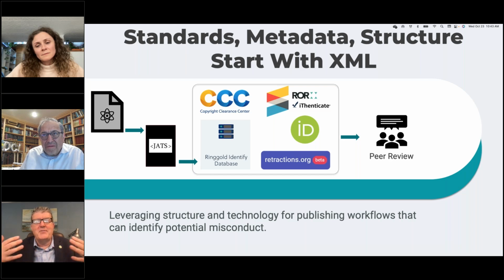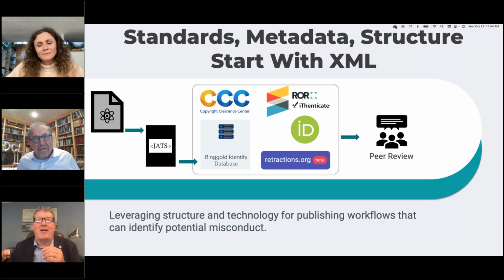So having systems that can anonymize and centralize and take the big picture view, yet be careful how they share that data across publishers. You can have a flag, but not necessarily say this paper from this journal and this publisher was bad, and they're trying to publish in your journal.